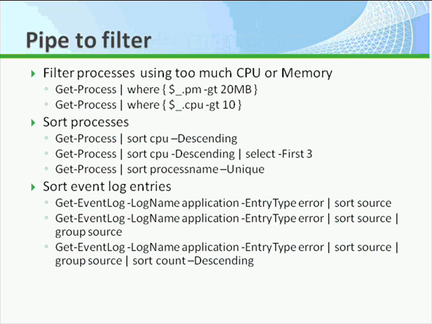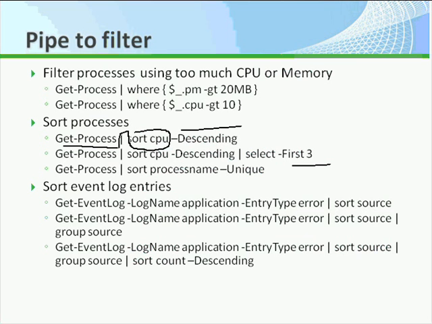So I get my processes, and then as they come across, I want to sort them. Maybe I want to sort them by CPU and make sure that they're descending. Or maybe I only want the top 3 processes, the ones that are using the most CPU time. Or maybe I'm wanting to just get a unique listing of processes. Stuff like that can be very useful.